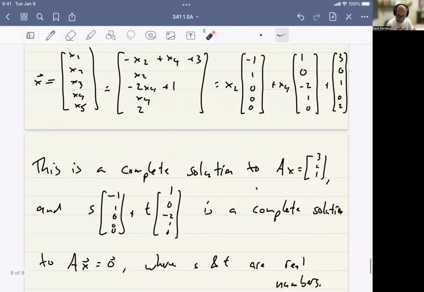It wasn't important that they were the second and fourth slot here. They just needed to be some real numbers. No matter which ones you choose, that gives you a new solution to this homogeneous equation.